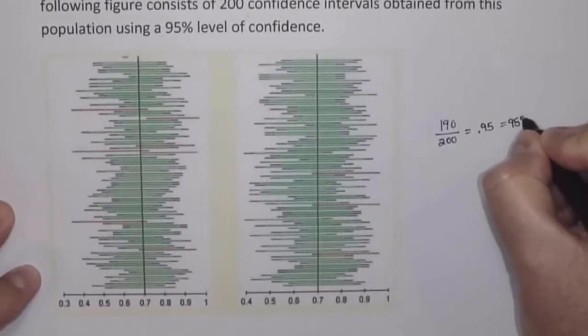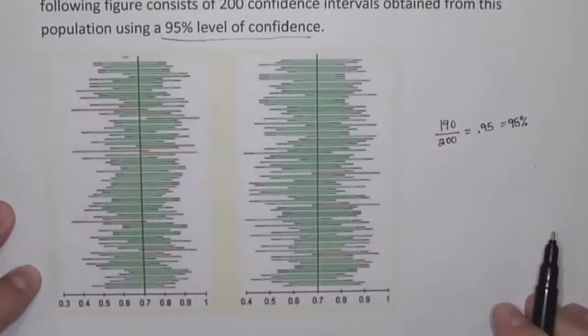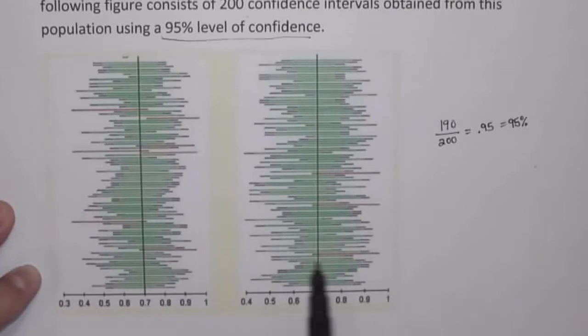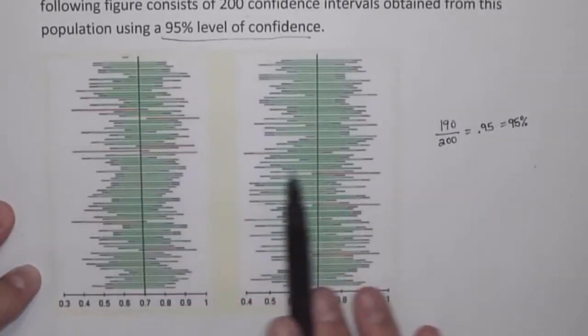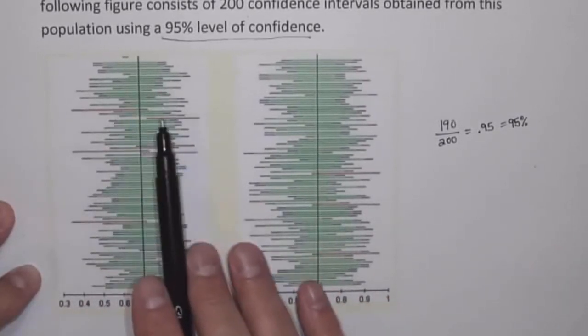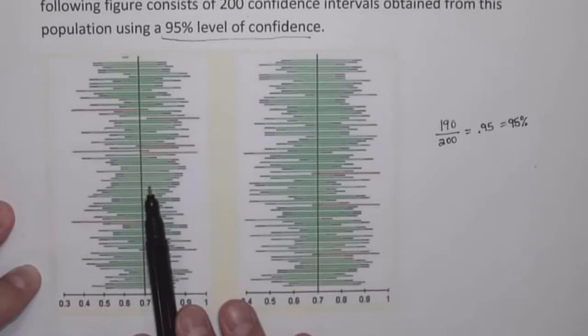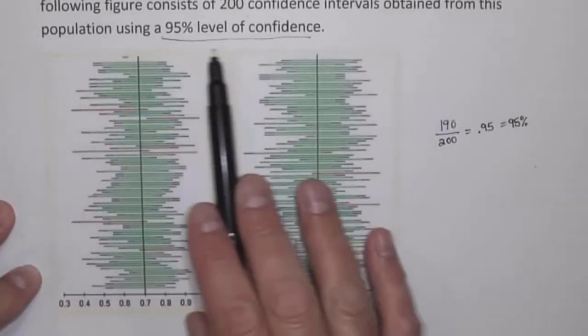And that's the idea of a 95% level of confidence. Again, if we're using 95% confidence, our statistical methods 95% of the time are going to give us an interval that actually contains the parameter that we're looking for. So that's the idea of the level of confidence.